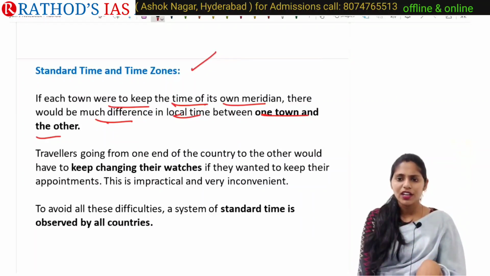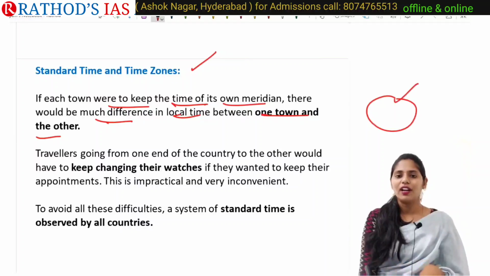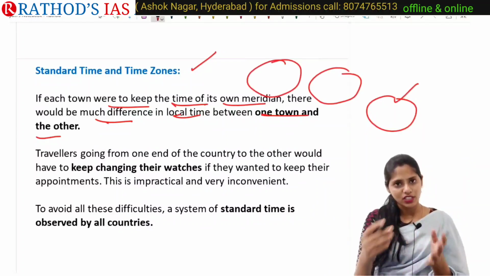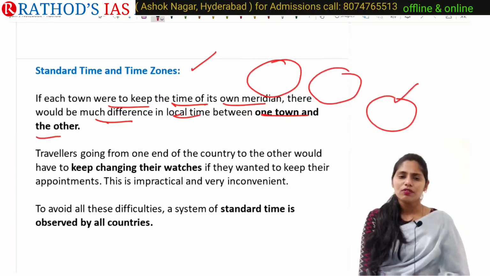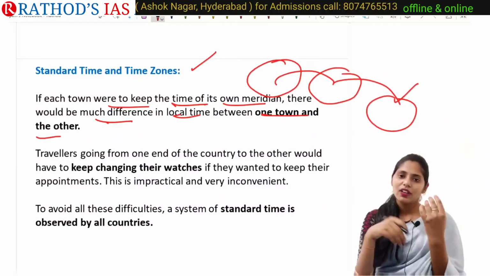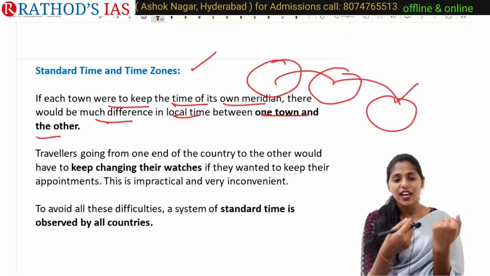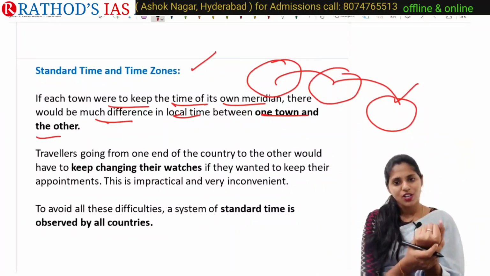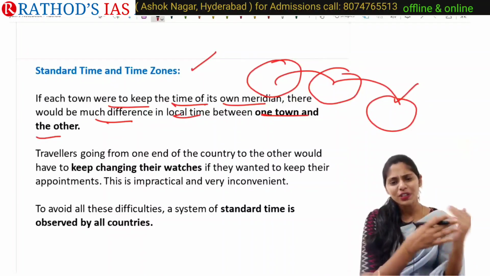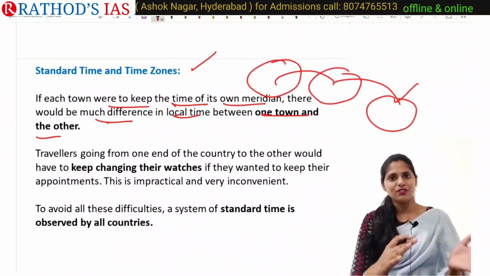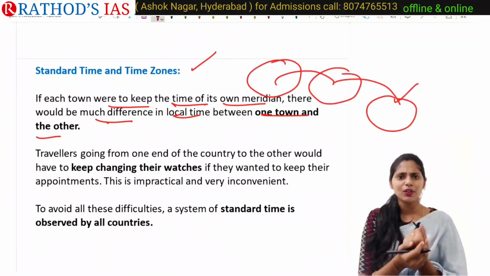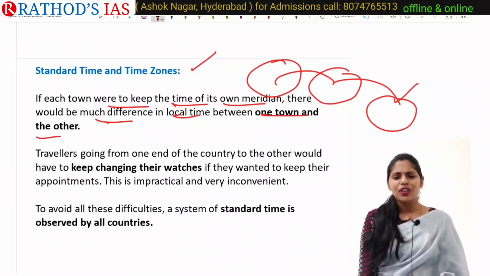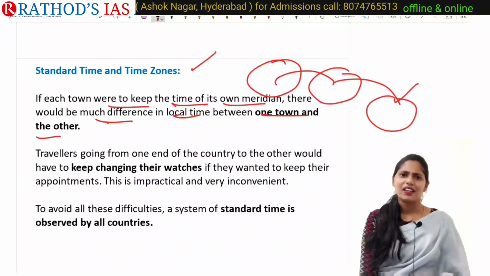For example, if one town follows one time and another town follows another time, then if a traveler travels from one place to another, whenever I move in my journey, I need to set my watch. I should do this in my whole journey, whenever I pass from one town to another. But this is very inconvenient, and practically it is impossible.